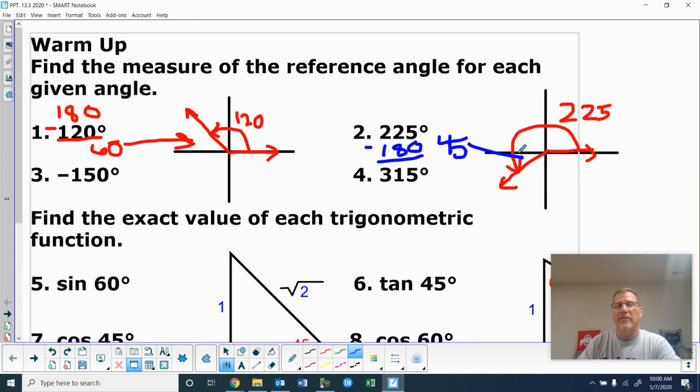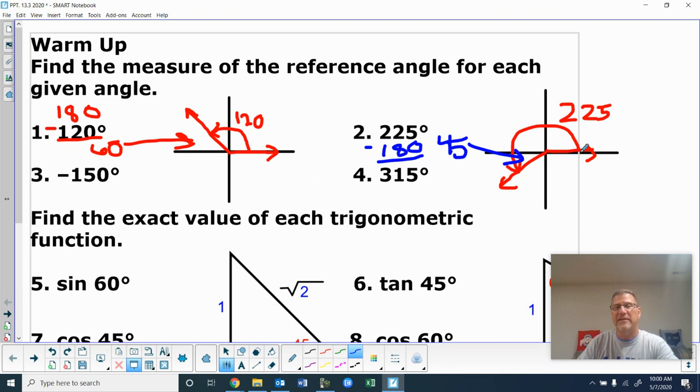I just wanted to do a quick one of that. We can do it with the other two as well. Negative 150, we'd go this way, because clockwise is the negative direction. We'd still find the difference, which would have been 180 minus 150, so that would have been a 30.